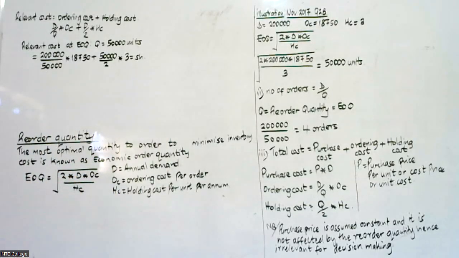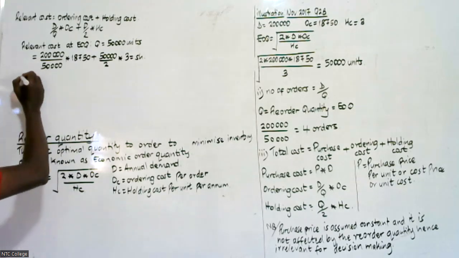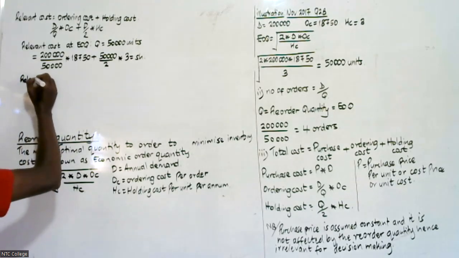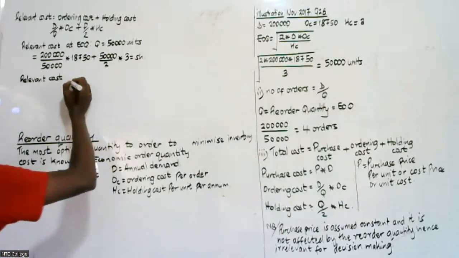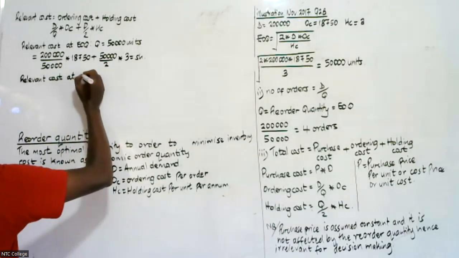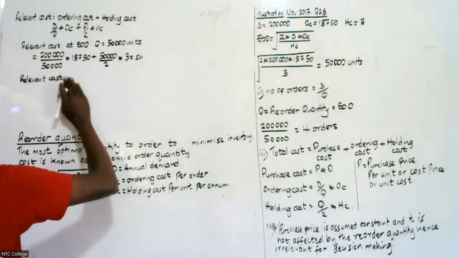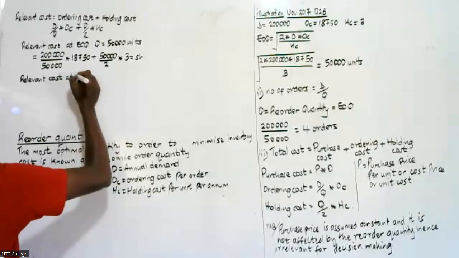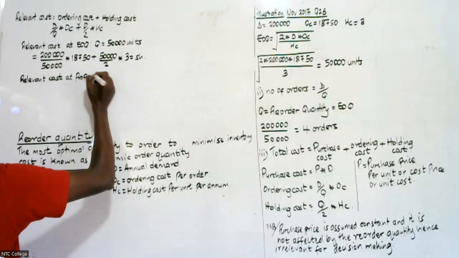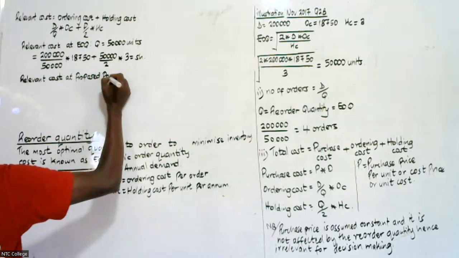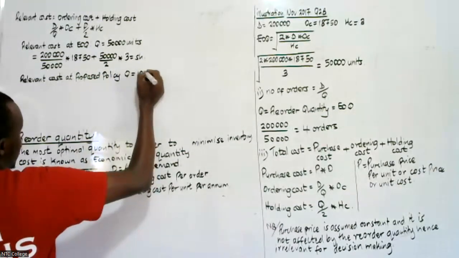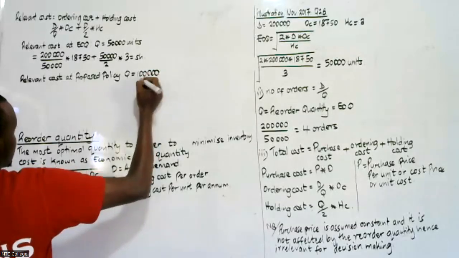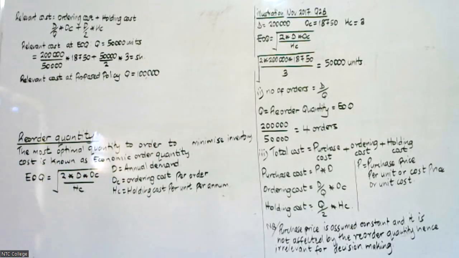But they are proposing to change the policy and buy how many units? 100,000. So what will be the change in cost?